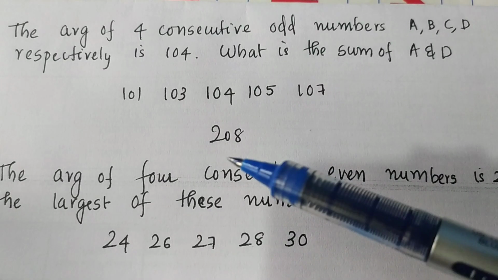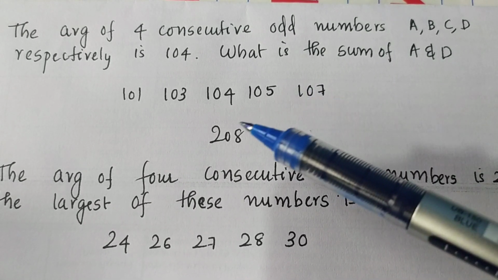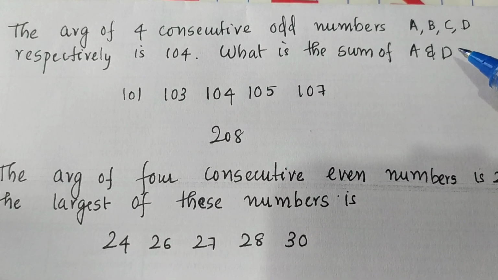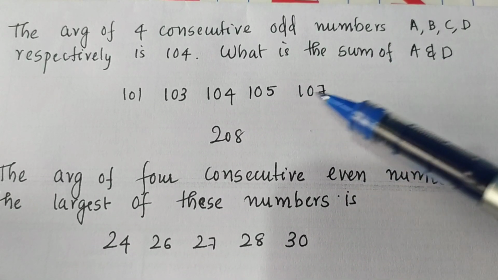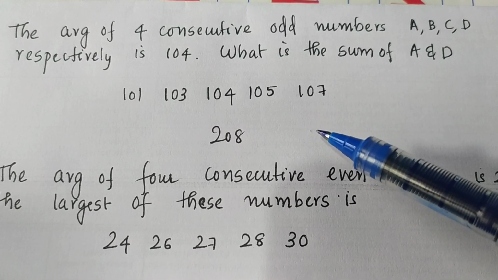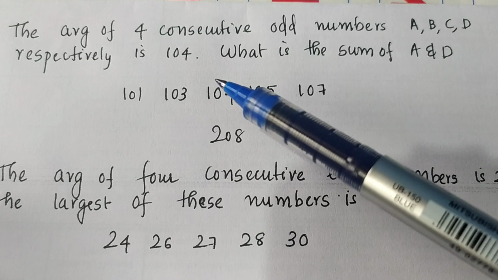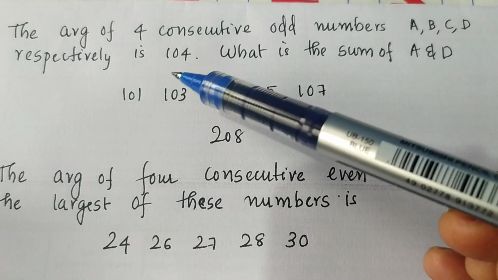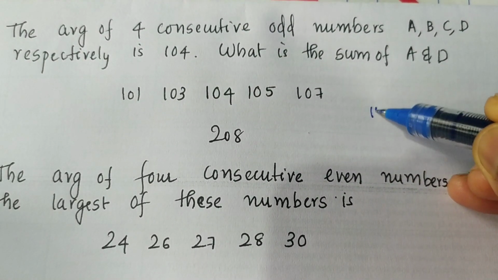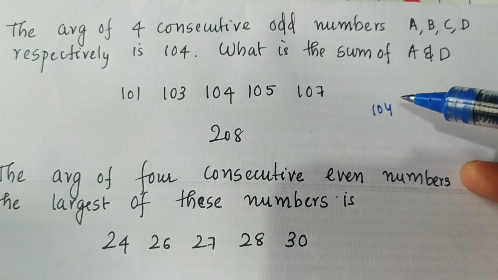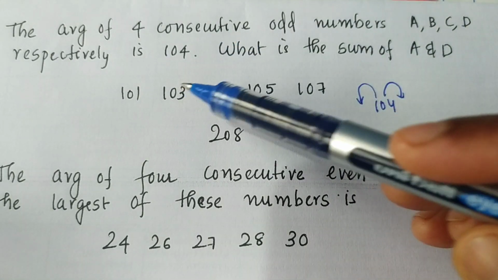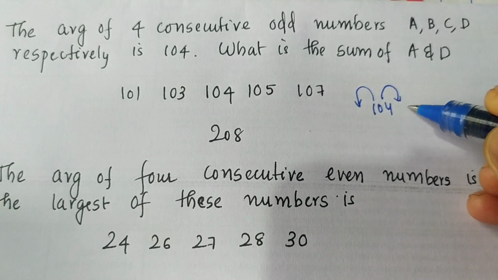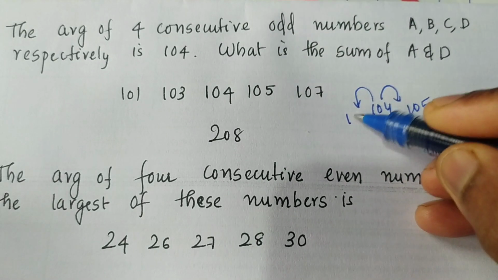Let us consider some simple questions based on the consecutive number series. The average of 4 consecutive odd numbers A, B, C and D respectively is 104. What is the sum of A and D? We are given the average, that is 104. So how can we find out the series? We have to write the odd numbers immediately followed by and preceded by 104, that is 105 and 103.